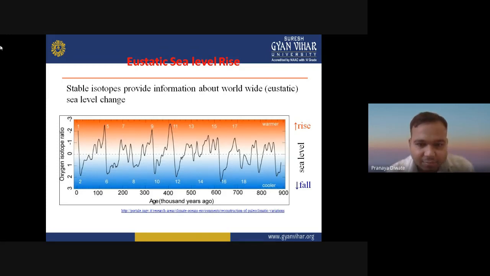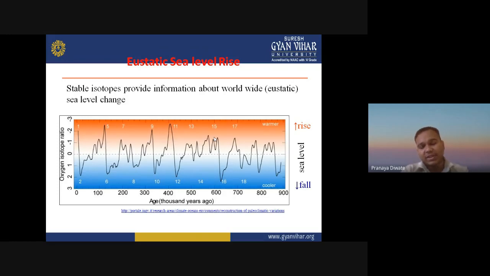You can see it between 11 and 12, between 5 and 6, between 15 and 16, 17 and 18. So all are different time scales which we use to get different kinds of knowledge and studies. This is what we study about paleotemperature, and all this data comes from the oxygen values.